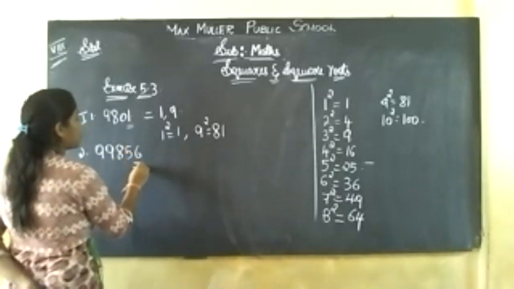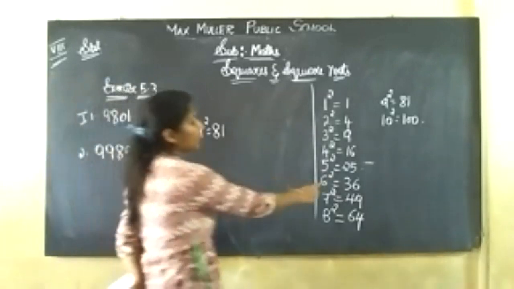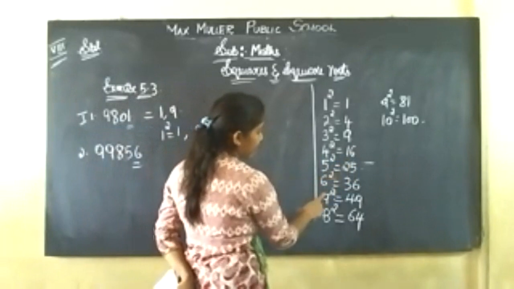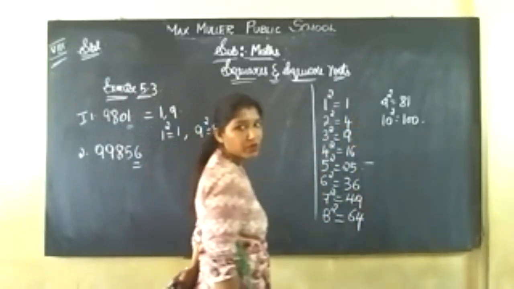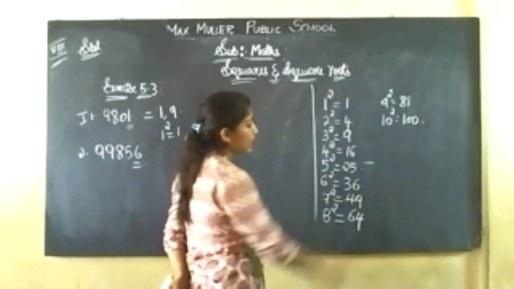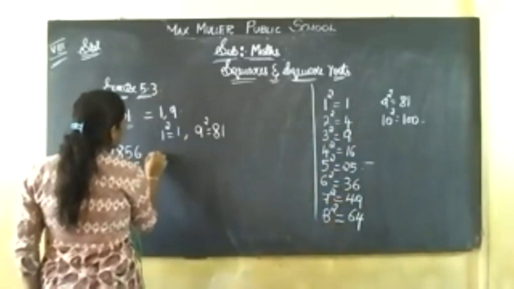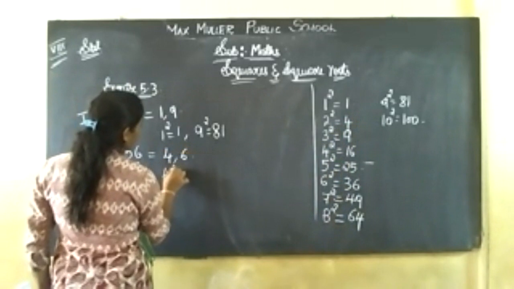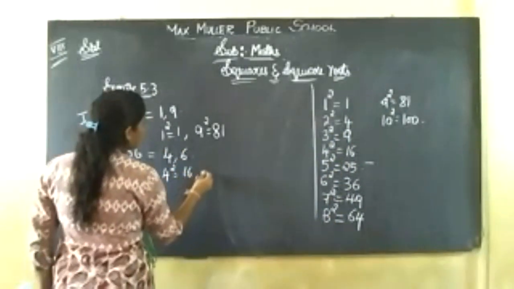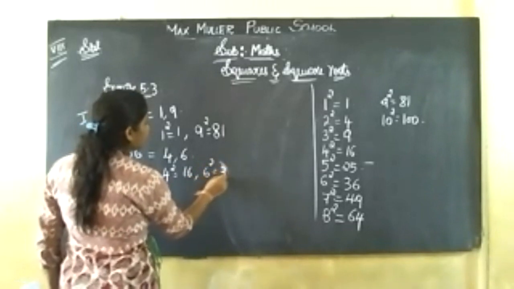99856. The ones digit here is 6. So 4 fours are 16 and 6 sixes are 36. Any other number ending with 6? No, it is 4 and 6. So write here 4 and 6. 4 square is equal to 16, 6 square is equal to 36.